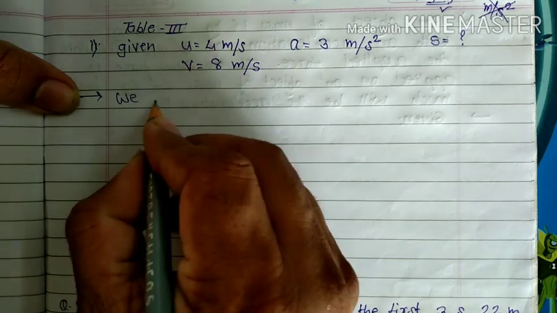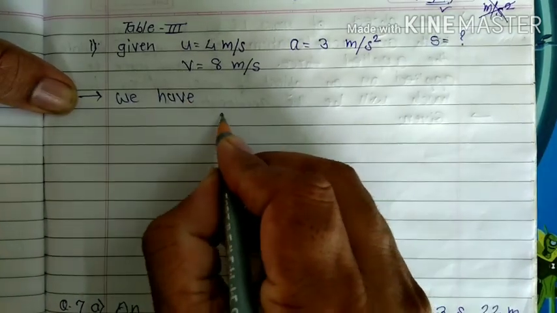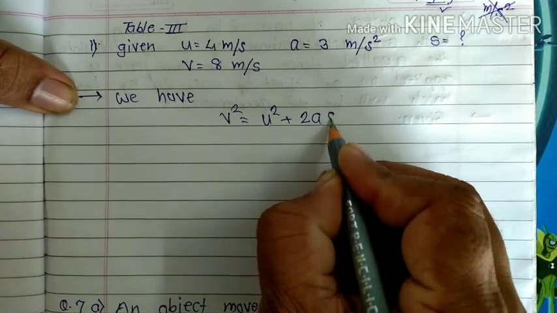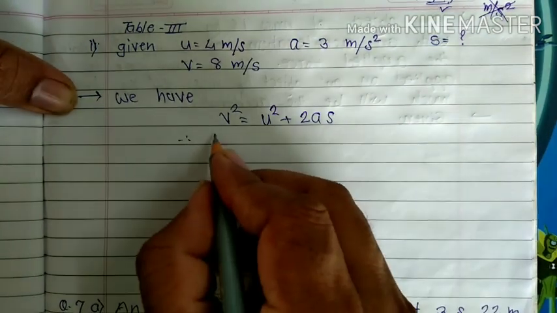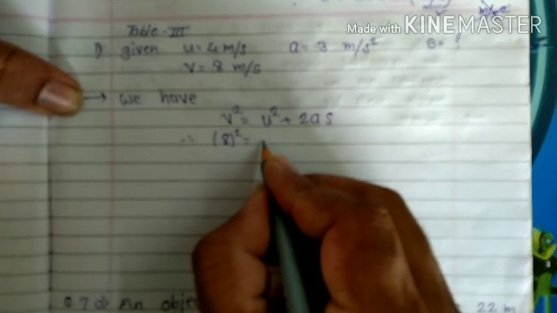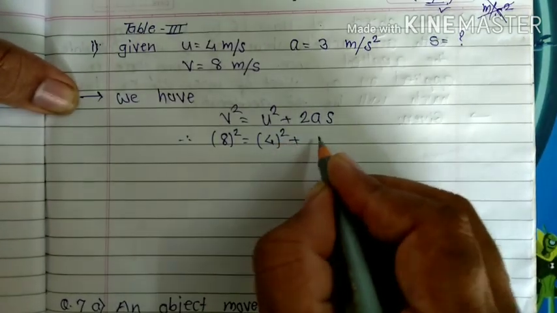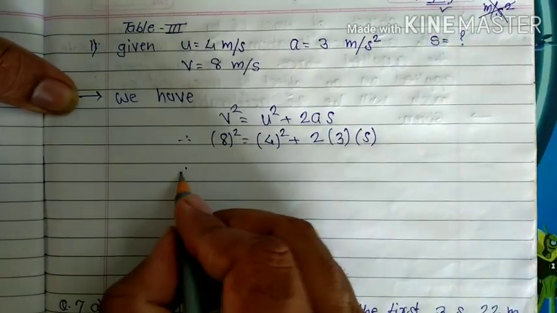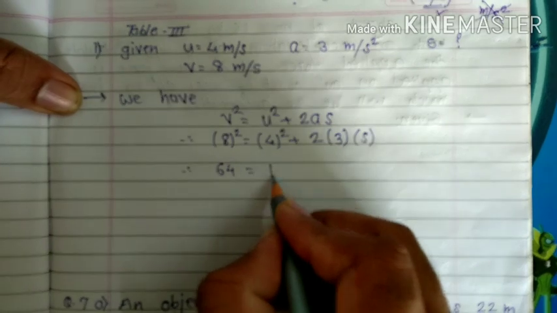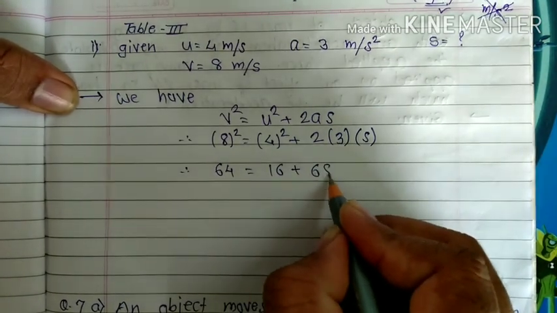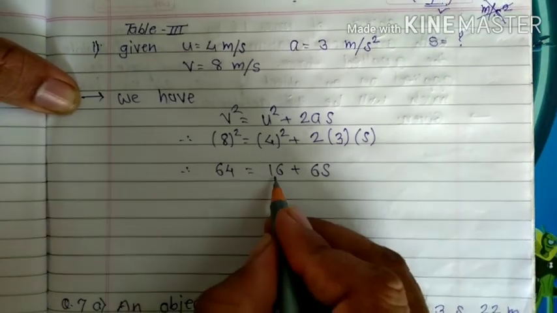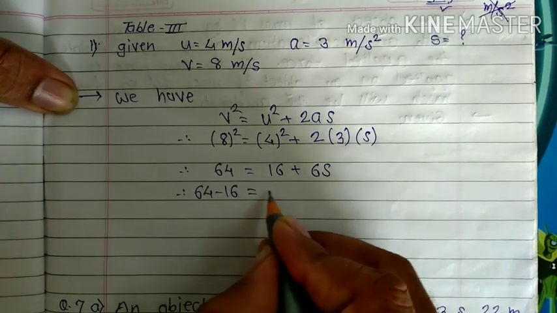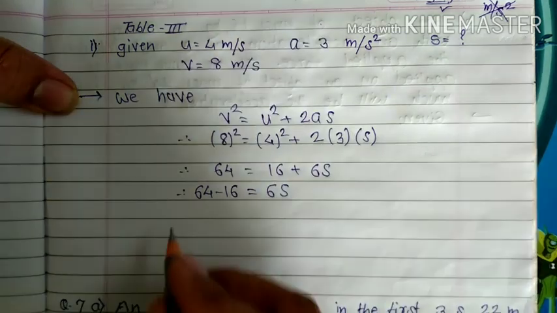We have the formula v square is equal to u square plus 2as. Let us substitute the values. 8 square is equal to 4 square plus 2 times 3s. So therefore 64 is equal to 16 plus 6s. 16 is plus here, so it becomes minus after subtraction. 64 minus 16 is equal to 6s.